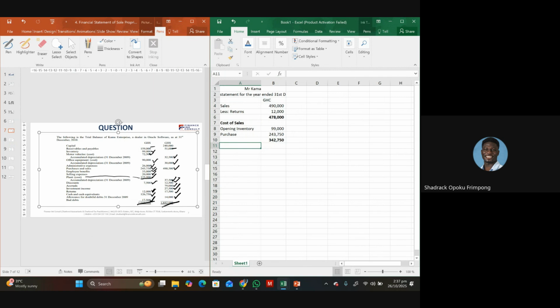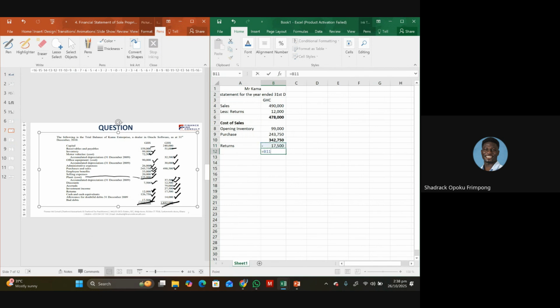Then when we brought the product, we realized that some of them didn't meet the quality standards we were expecting. So we had to return some of them. So let me just do minus. We have returns of 17,500.